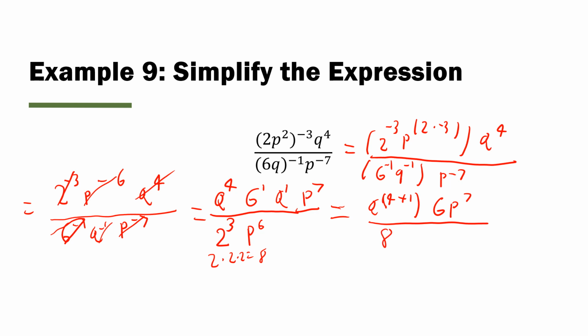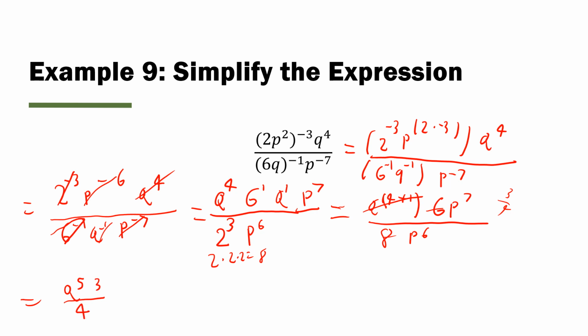So we get 8 times p to the power of 6. We can add these q exponents. So we get q to the power of 5. 6 divided by 8 can be simplified to 3/4. So we get 3 divided by 4.